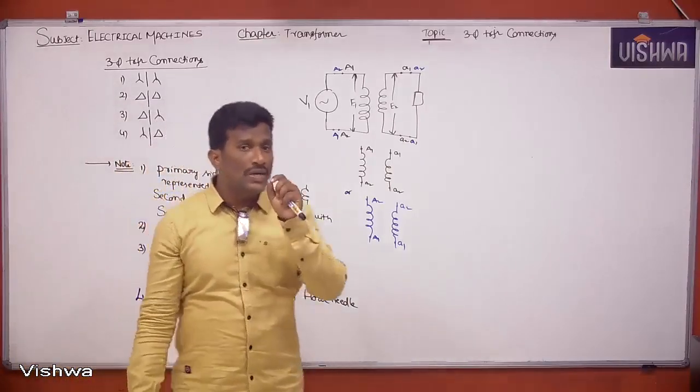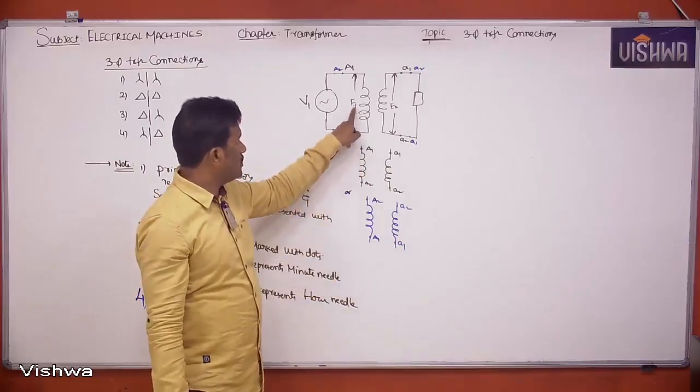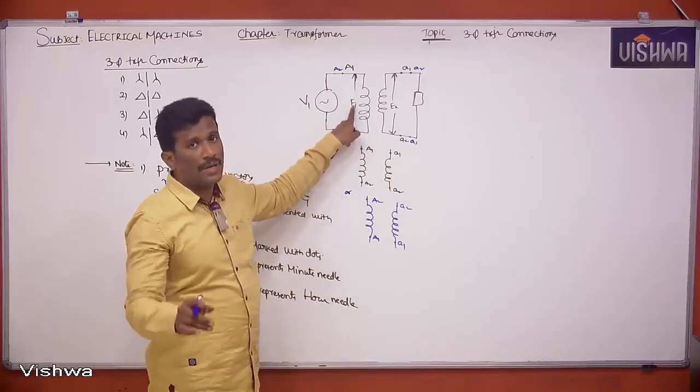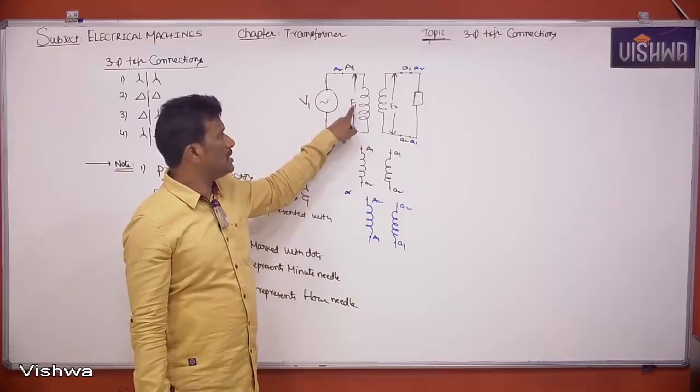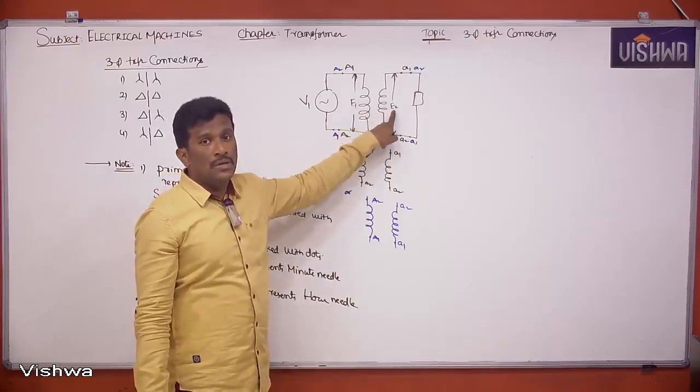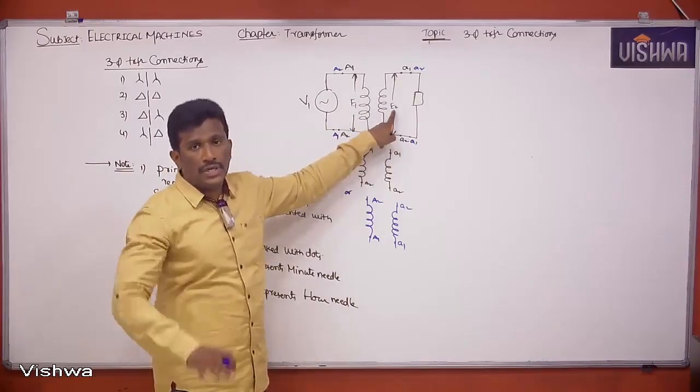Okay. So, I mean to say that the primary phase voltage, this E1, is the phase voltage of your primary side. Primary phase voltage and secondary phase voltage will always be in phase with each other.